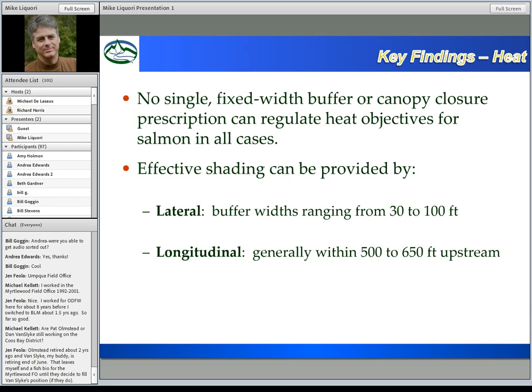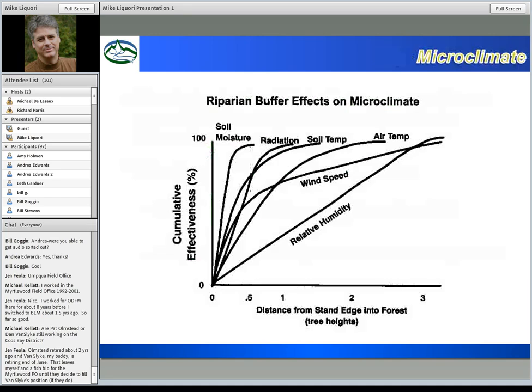So in some of the strategies that we'll talk about in a couple weeks, the idea of creating small gaps in the riparian community to allow for nitrogen-fixing species to come in, you can have the benefit of nutrient exchange, but not set it up so that these gaps are so big that they start affecting temperature negatively.